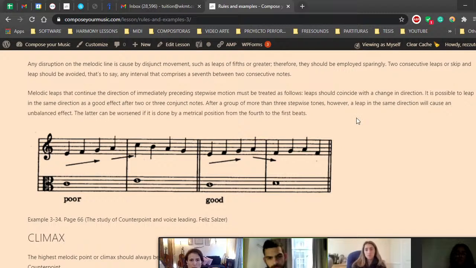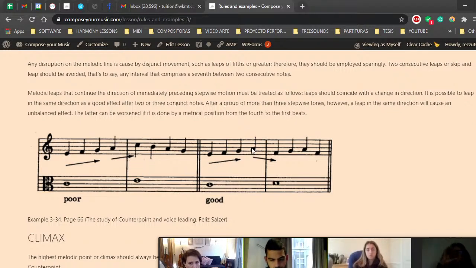The latter can be worsened if it is done by a metrical position from the fourth to the first beats. So you have from the fourth to the first, always to the first, is something that is noticeable. So you have 1, 2, 3, 4 notes and then a leap. That's quite poor melodically.